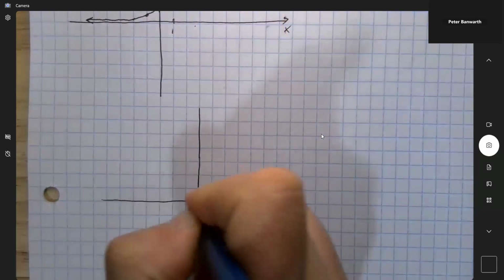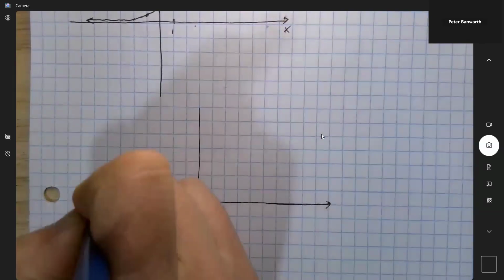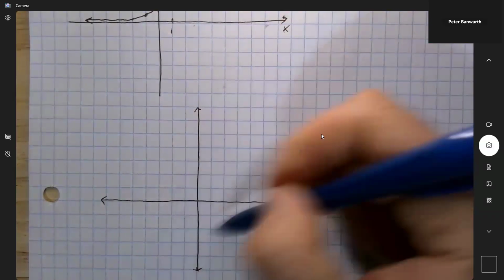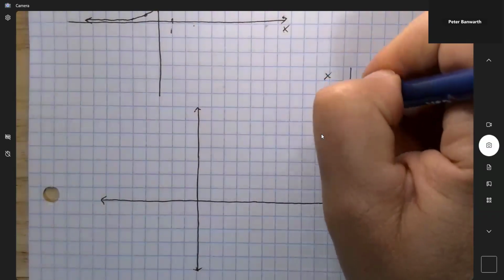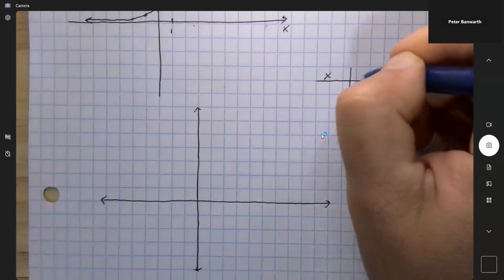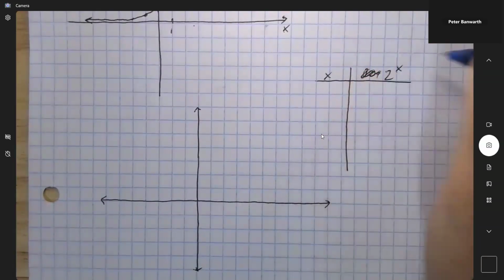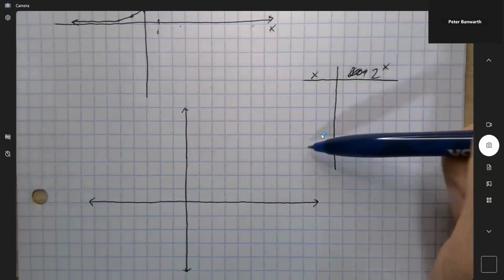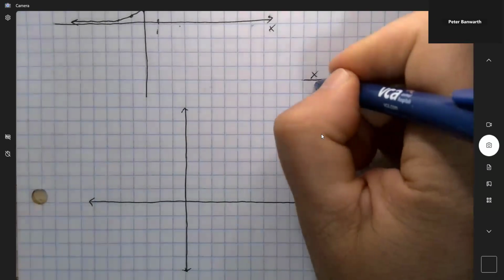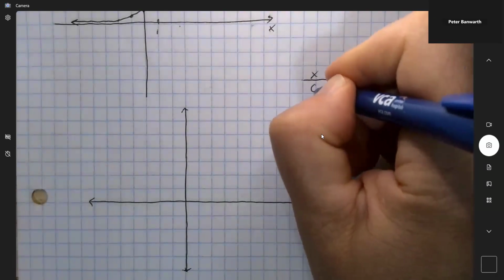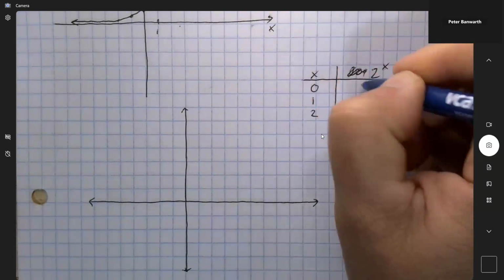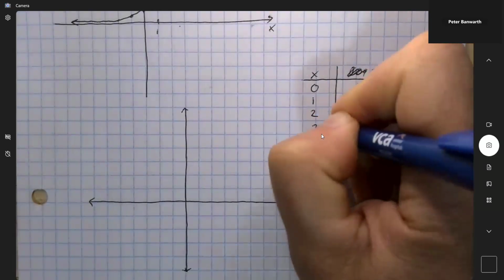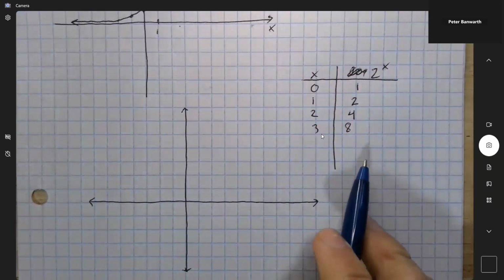When we draw a logarithm function on its own, we have to think about what the points are. So I'm going to make a table here. Let's do the logarithm base 2. Sorry, let's do 2 to the x as our table, because I find it easier to make exponential tables and then just work back for my logarithm. So x is 0, 1, 2, 3. 2 to the 0 is 1, 2 to the first is 2, 2 squared is 4, and 2 cubed is 8.